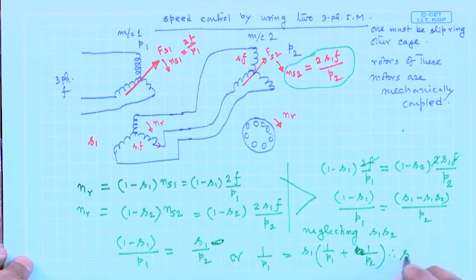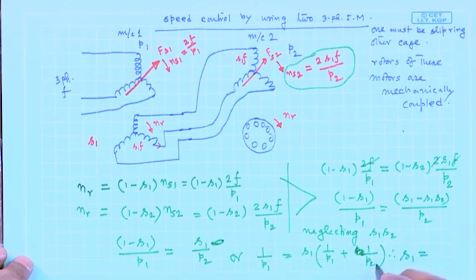Therefore, S1 will be equal to P1 P2 by (P1 plus P2) times 1 by P1. P1 goes, and the slip at which the machine will run approximately is P2 by (P1 plus P2).